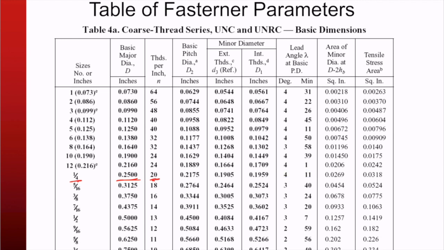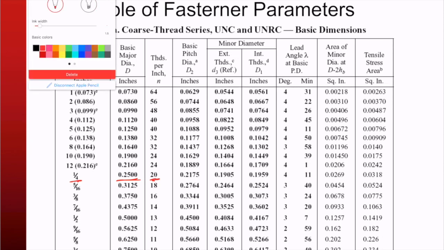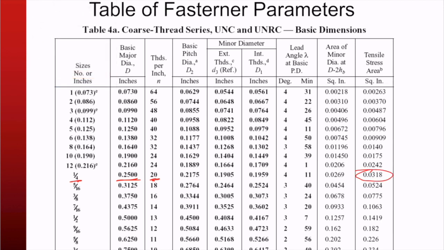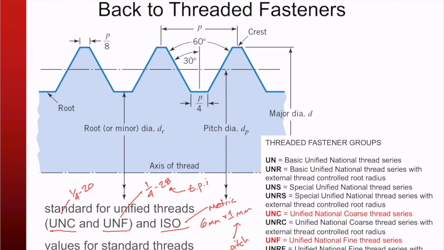One really important thing that we need to know, and we're going to get into this more when we do analysis, is the tensile stress area. If I go all the way across here, that's the effective area for sigma equals load over area. It's not actually a quarter inch, so we calculate that area based on a diameter that's somewhere between.